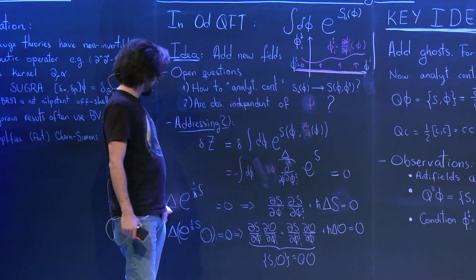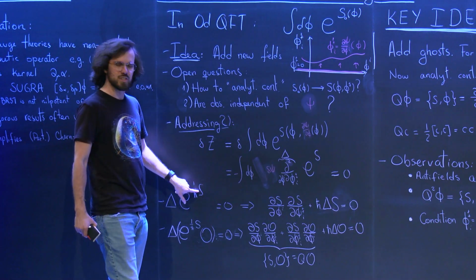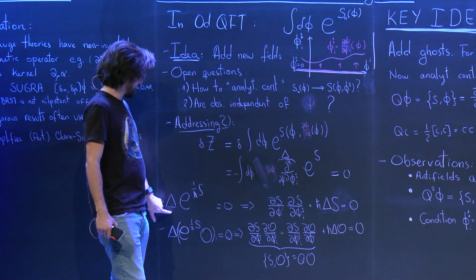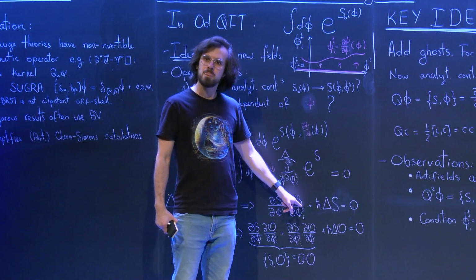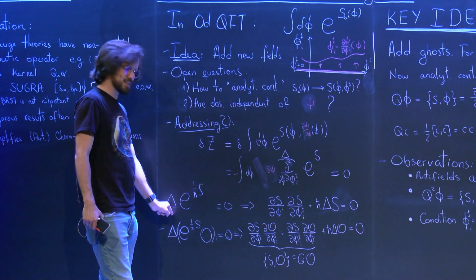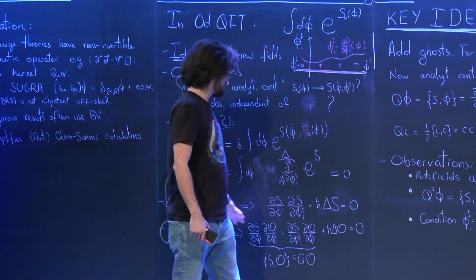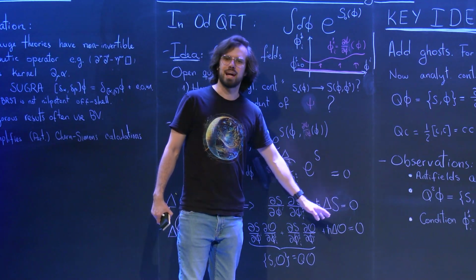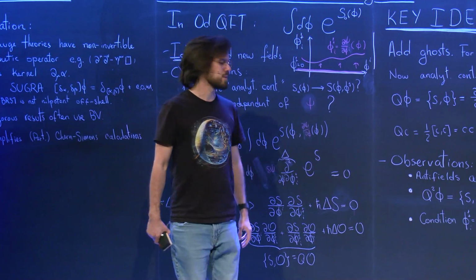Either the first derivative hits an s, then the second derivative hits another separate s. That will give us this term. And then the other possibility is that both derivatives hit the same s, in which case we will get the second term. If we follow carefully the factors of h bar, we will find that this one is an h bar correction to this term.